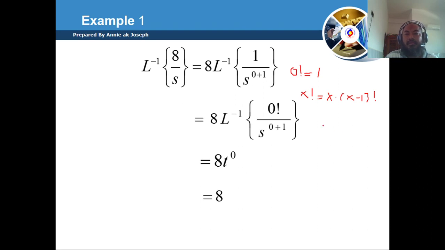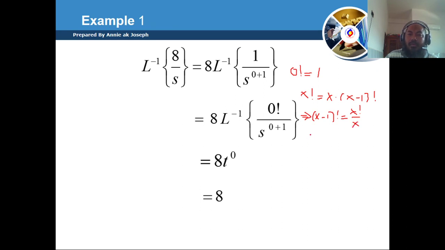Is it possible? Right? So how about if we get x minus 1 factorial is equal to x factorial divided by x, correct?